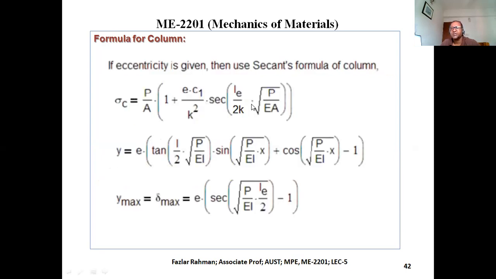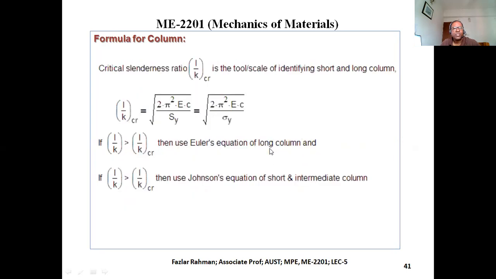If eccentricity is given, you immediately jump to the second formula. You don't need to think whether the column is long or short. Just use the second formula.